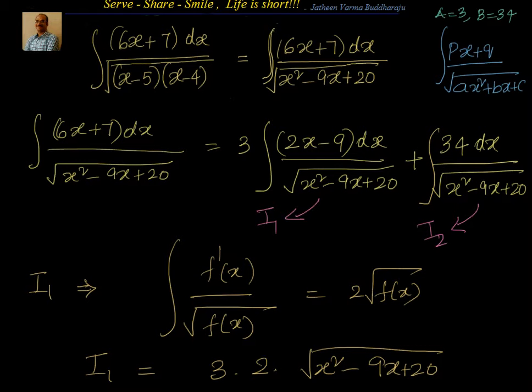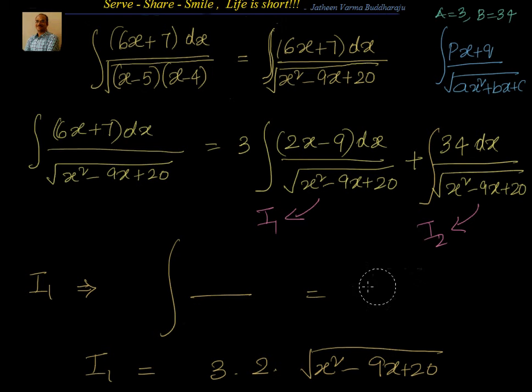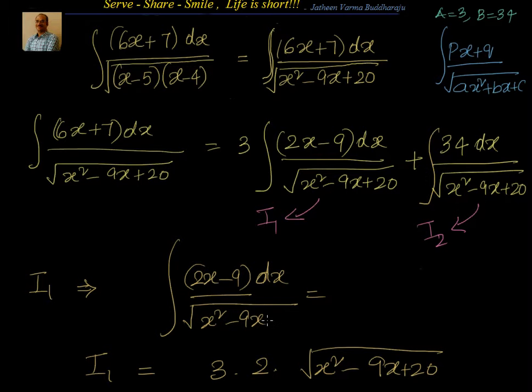Or, instead of f dash x, let's put down the original values. Integral of f dash x, that is 2x minus 9 dx, divided by root of f of x, that is x square minus 9x plus 20, is equal to 2 root of x square minus 9x plus 20.